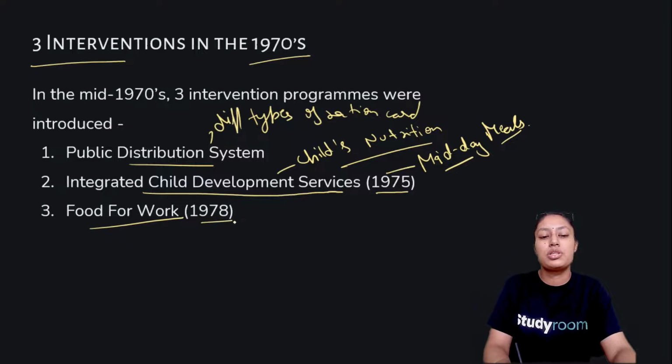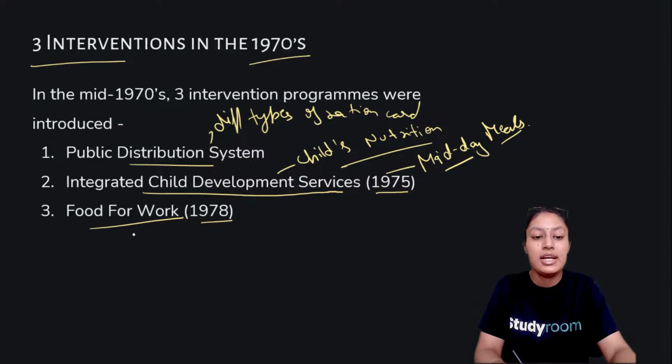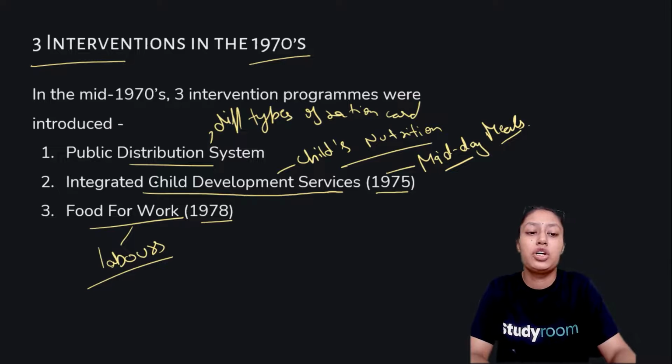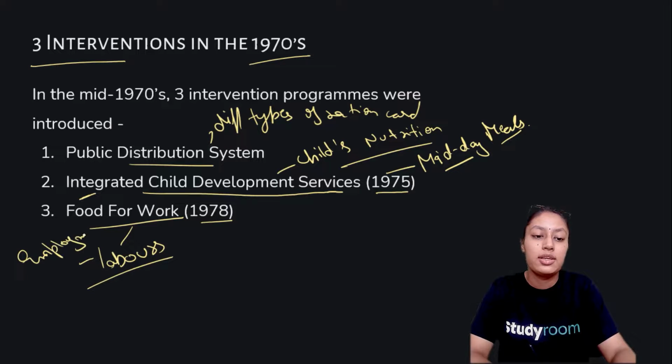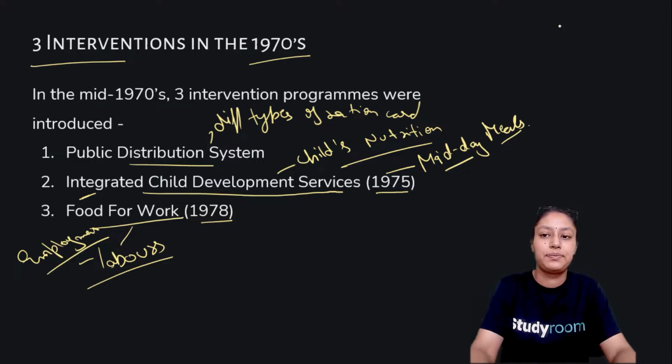Food for work was established in 1978, and this was majorly for laborers, people who work as labor under or with the government, so they get food in return. So there is also employment for them, and they get food from this as well.